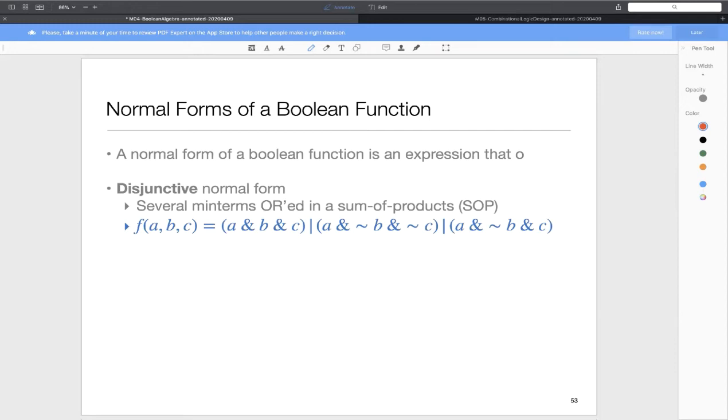Basically, a normal form of a Boolean function is an expression that will always be written in a particular standardized way. If you write a function in a canonical form, then there is exactly one way you are going to write it, so that a lot of operations become easier.